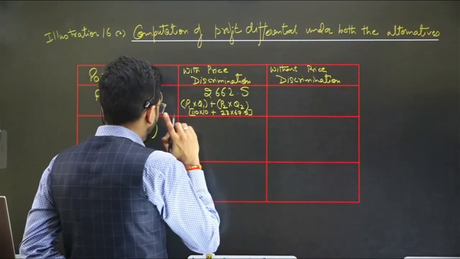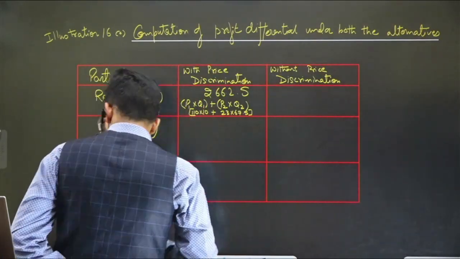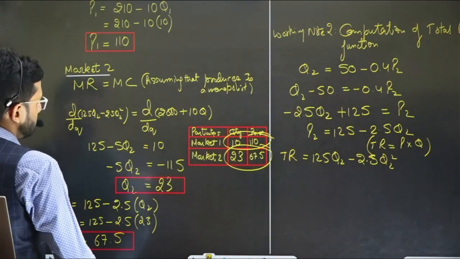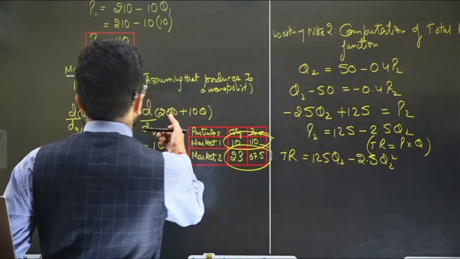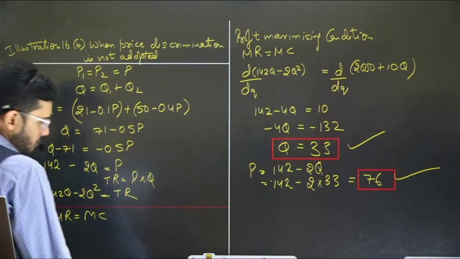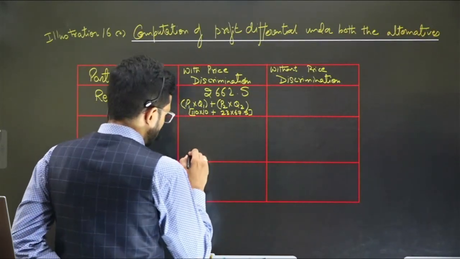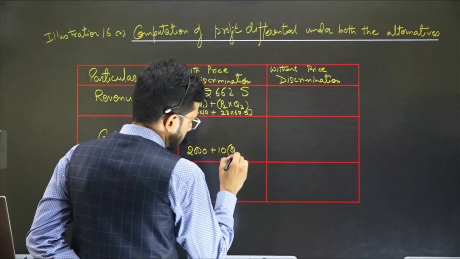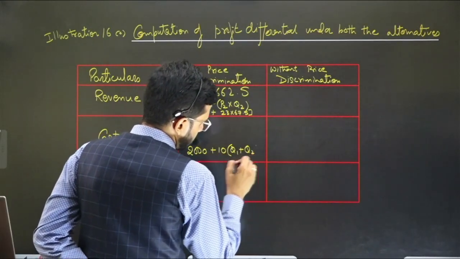Now coming on to cost, what will be the cost? Okay, in price discrimination, the cost will be constant, 2000 plus 10q. The cost will be 2000 plus 10 into q1 plus q2.